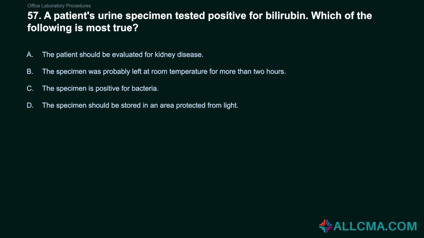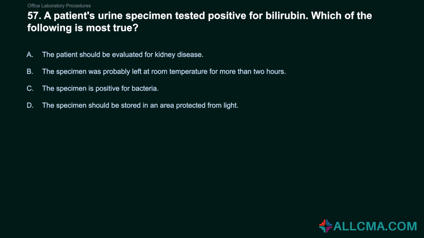57. A patient's urine specimen tested positive for bilirubin. Which of the following is most true? A. The patient should be evaluated for kidney disease. B. The specimen was probably left at room temperature for more than 2 hours. C. The specimen is positive for bacteria.